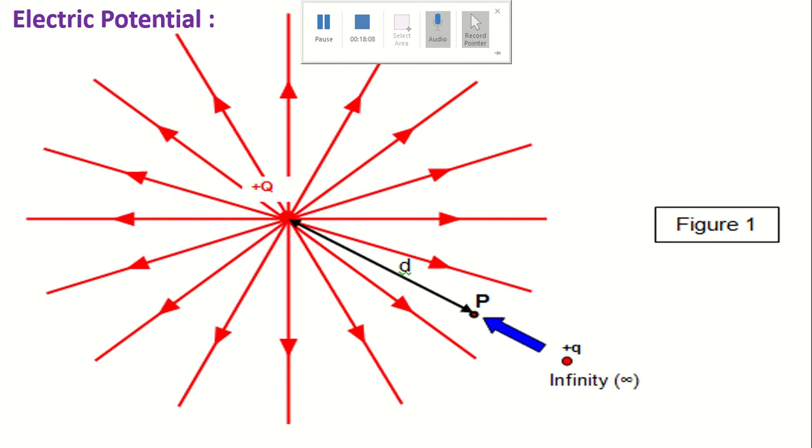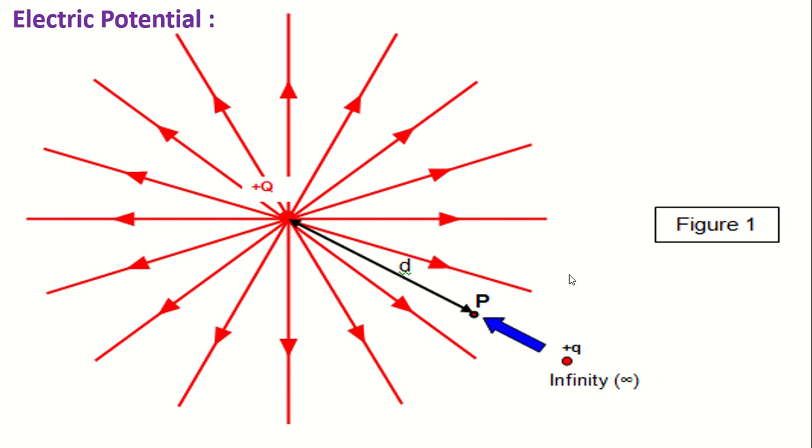So in his case, more than 100 meters will be infinity, isn't it? So here, any point outside the electric field will act as infinity. So from infinity, if I take one positive test charge, plus q charge, and I want to bring this test charge to any point in the electric field of this positive charge, then I have to do work.